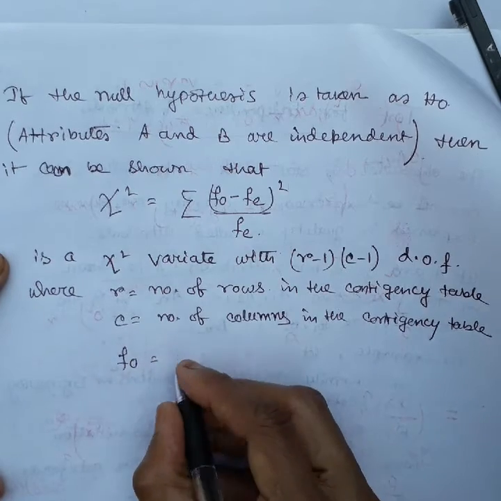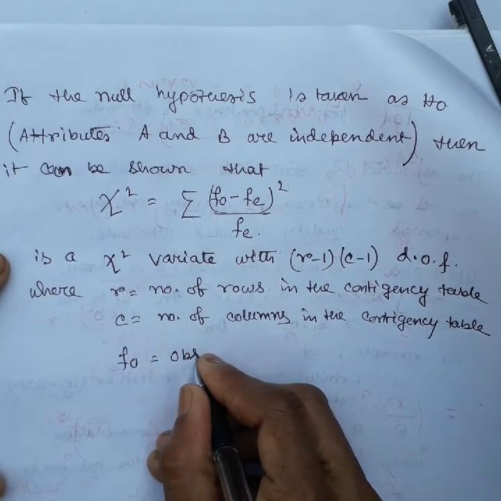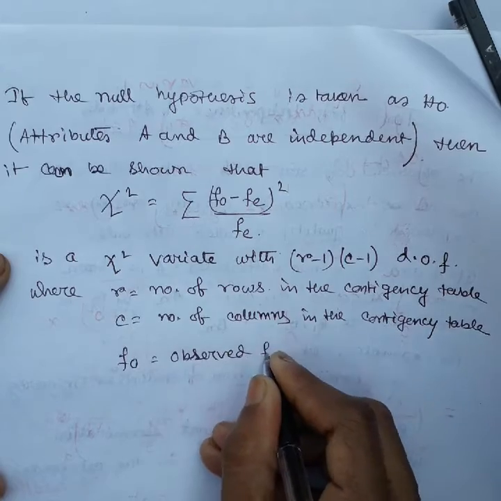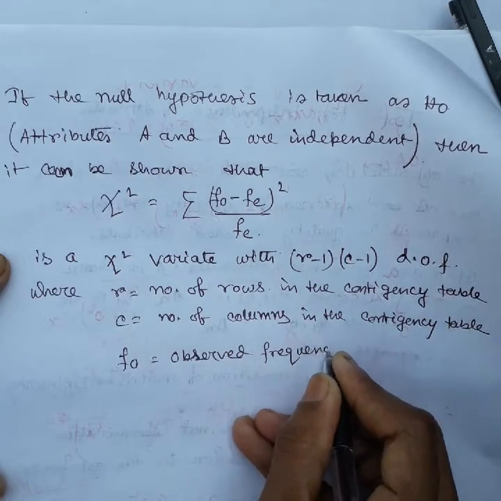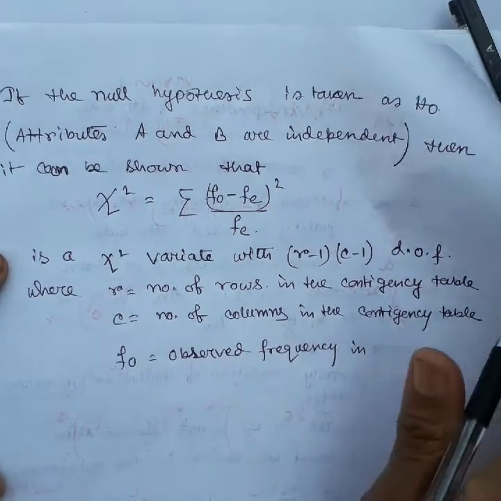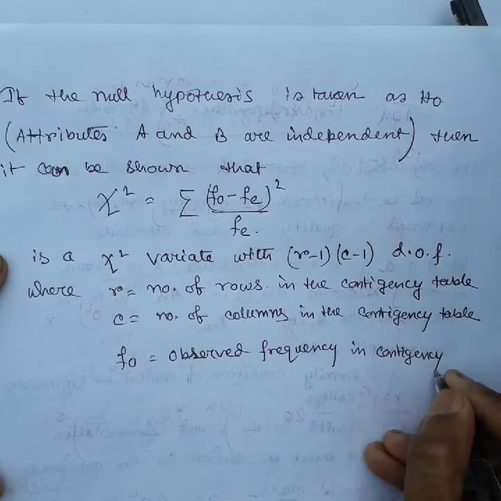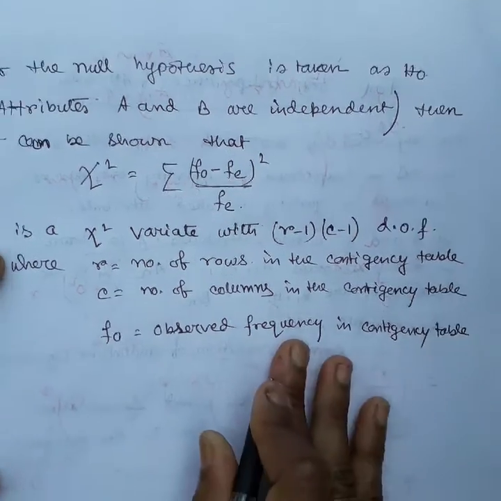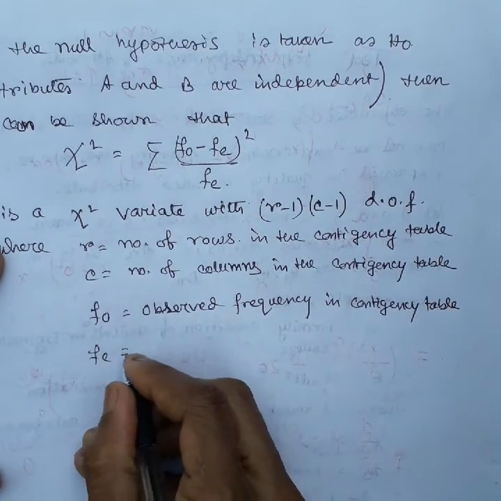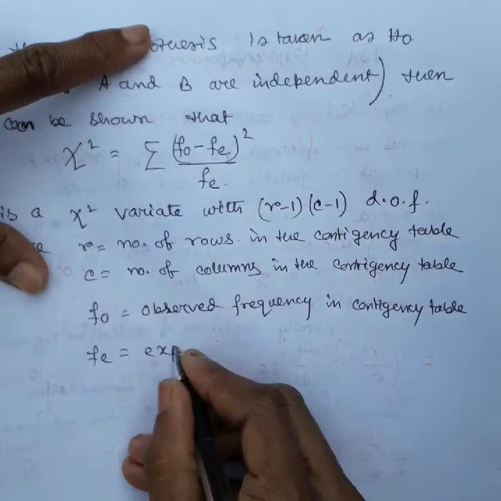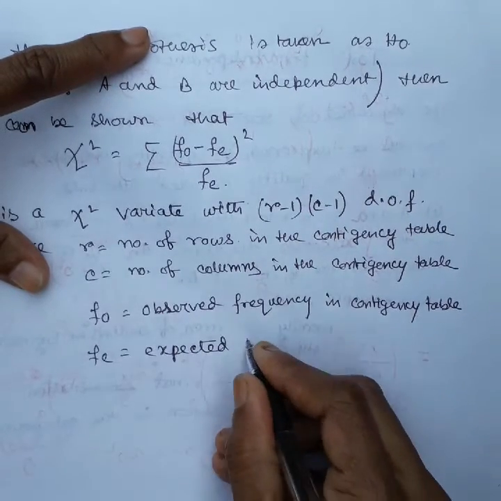If O is equal to the observed frequency in the contingency table, and if E is equal to the expected frequency.